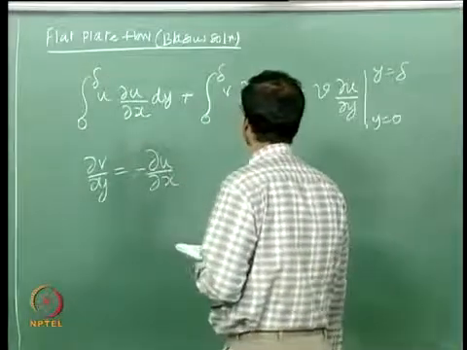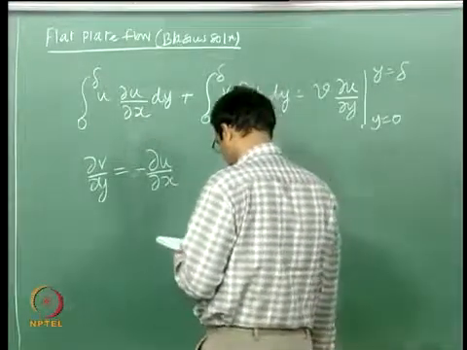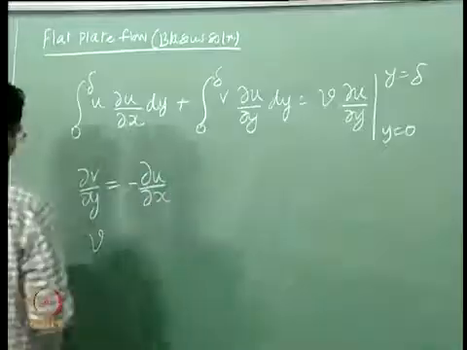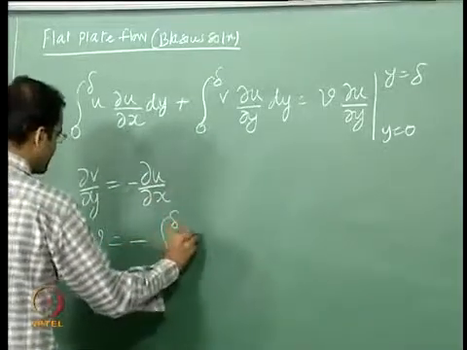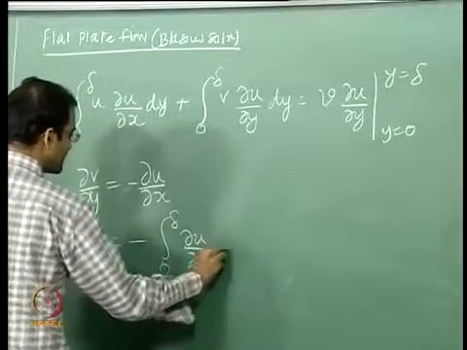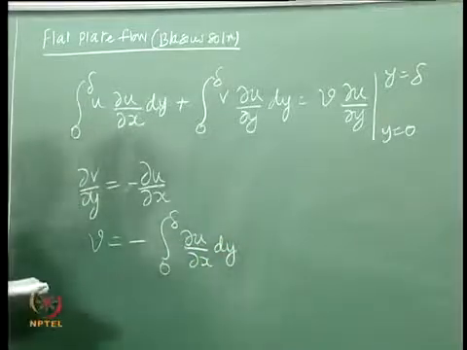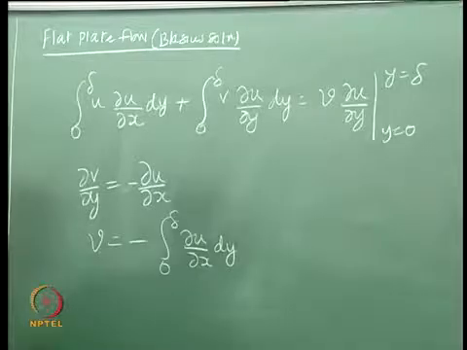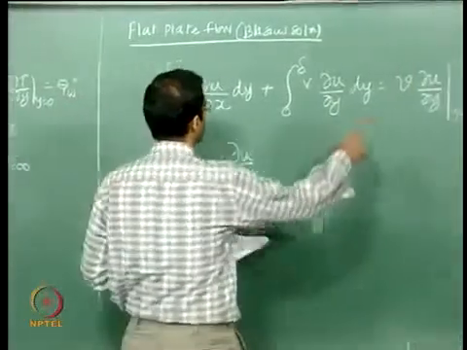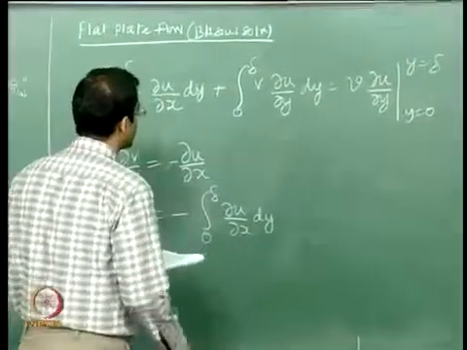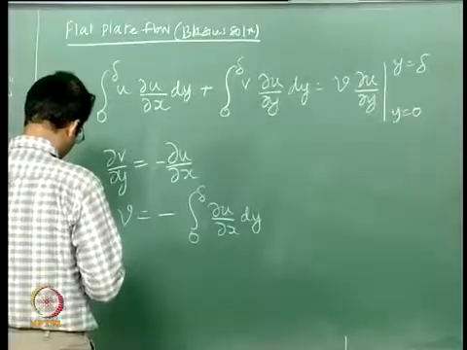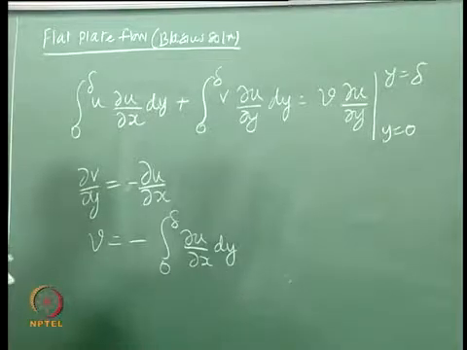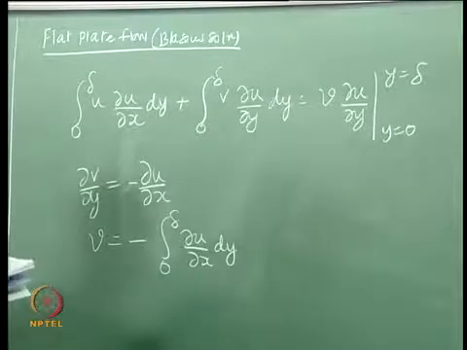So I can integrate this and write v as minus the integral from 0 to delta of du by dx dy, and now we can substitute into that.